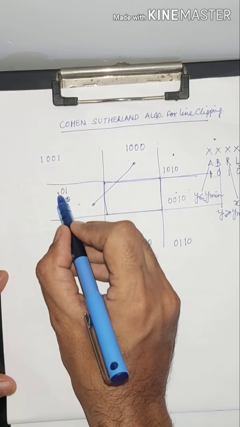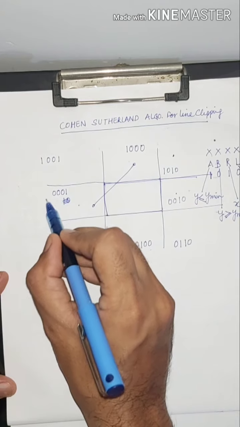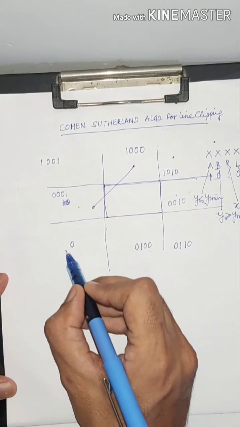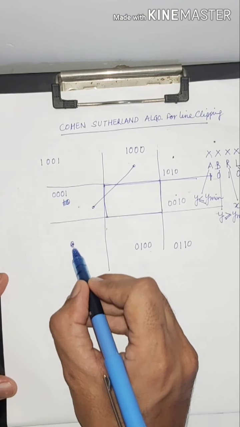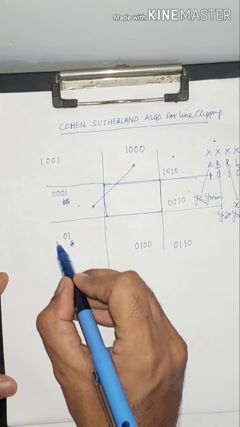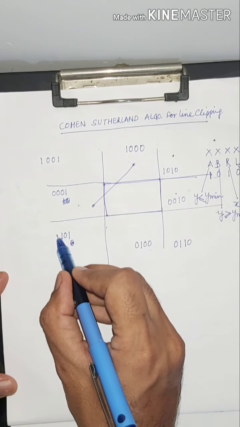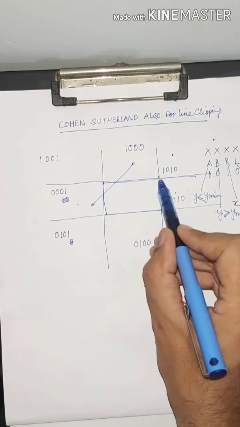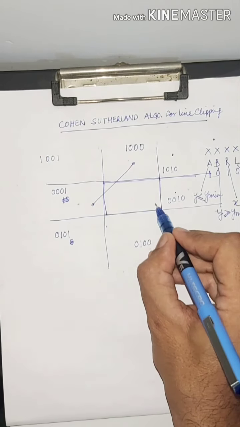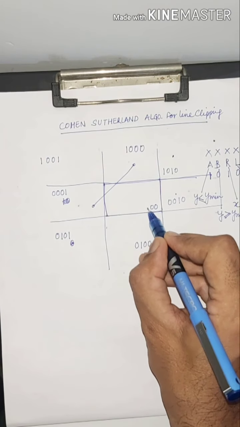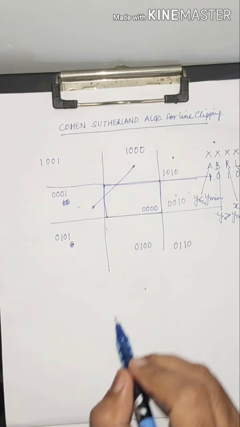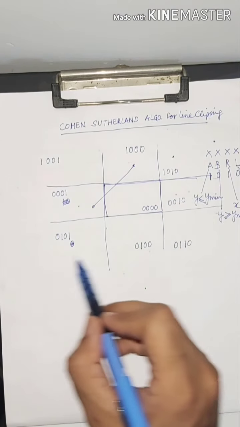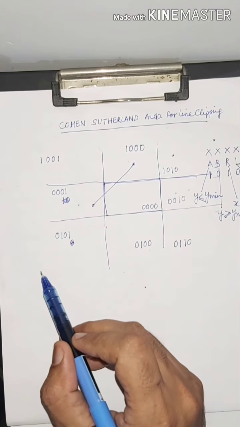Right, no. Below, no. Above, no. Similarly, this will be left, yes. Right, no. Below, yes. Above, no. And similarly, the last region, which is most important, this region: left, no. Right, no. Below, no. Above, no. So this region has all zeros in its region code. Otherwise, there are some ones also and zeros also.